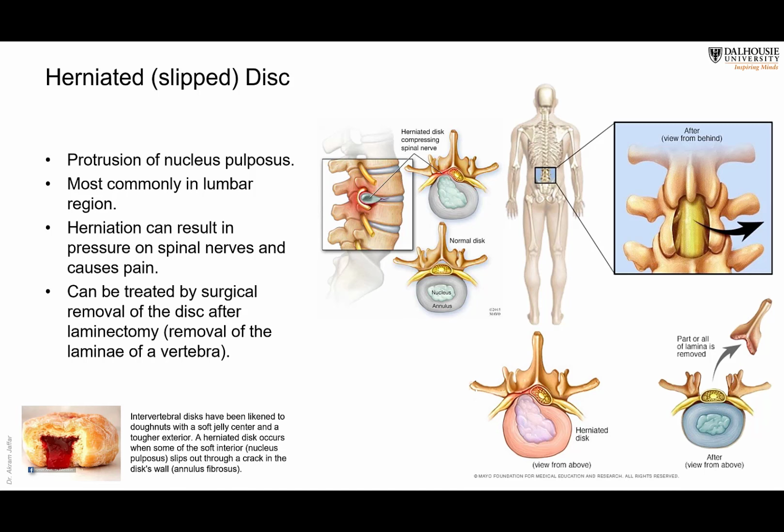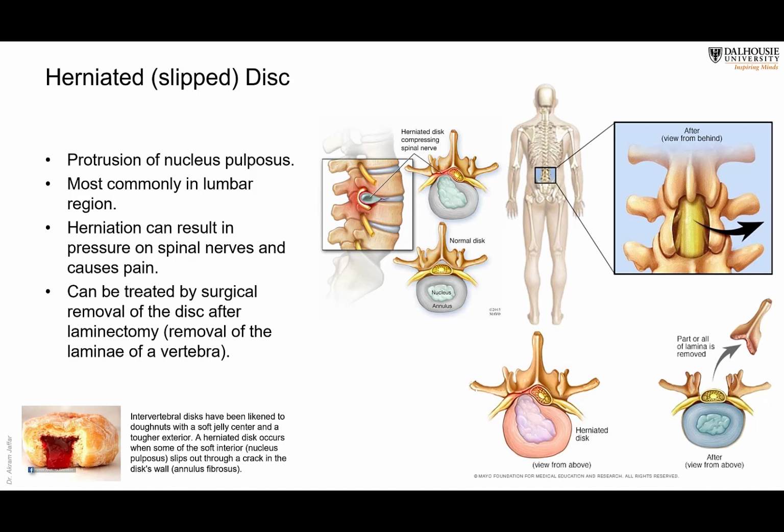So we are talking about the last two lumbar vertebrae, the intervertebral disc between L4 and L5, and the intervertebral disc between L5 and S1. Usually these are subjected to a lot of pressure and they might slip, as the common term is used, but the scientific term is that they herniate.